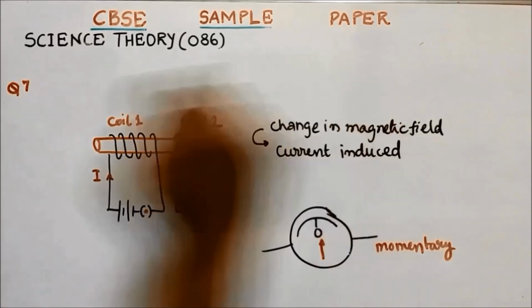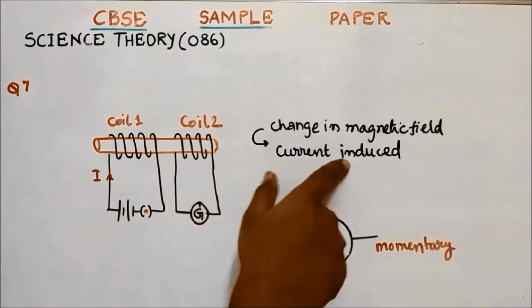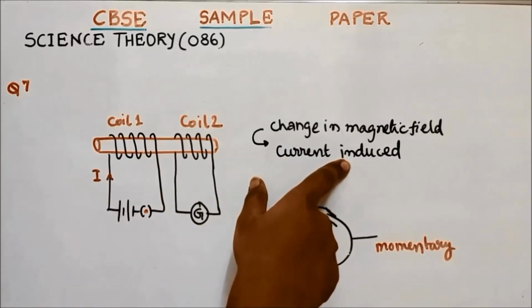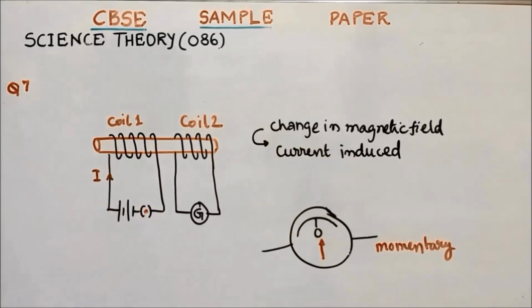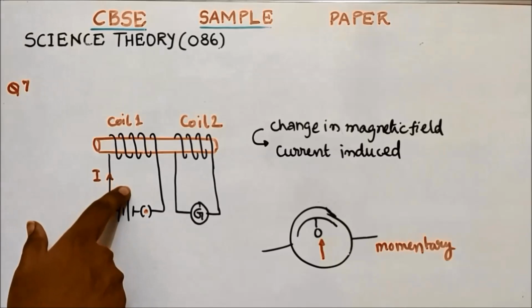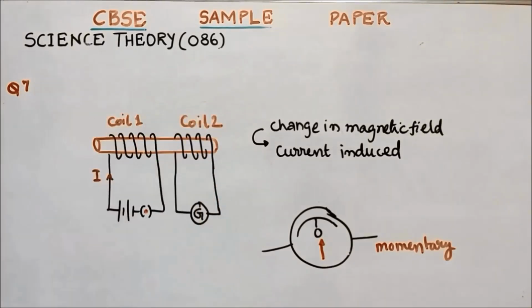So will there be any change in magnetic field? No change in magnetic field. So will there be current induced because of no change in magnetic field? No current will be induced in the coil. So even if the current is flowing for some time now, even though the magnetic field is present around the coil 2, no current will be induced. So this deflection will be only momentary.